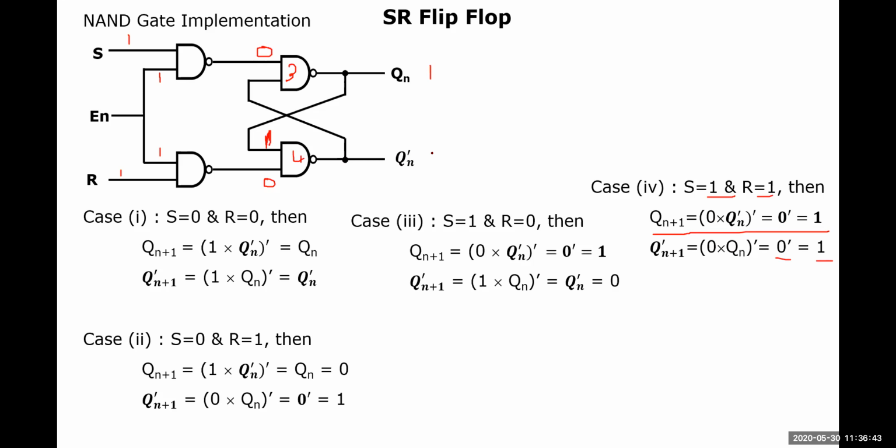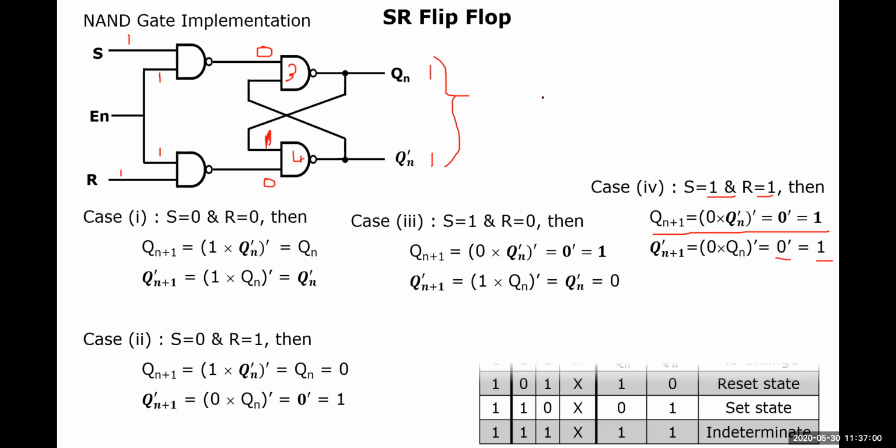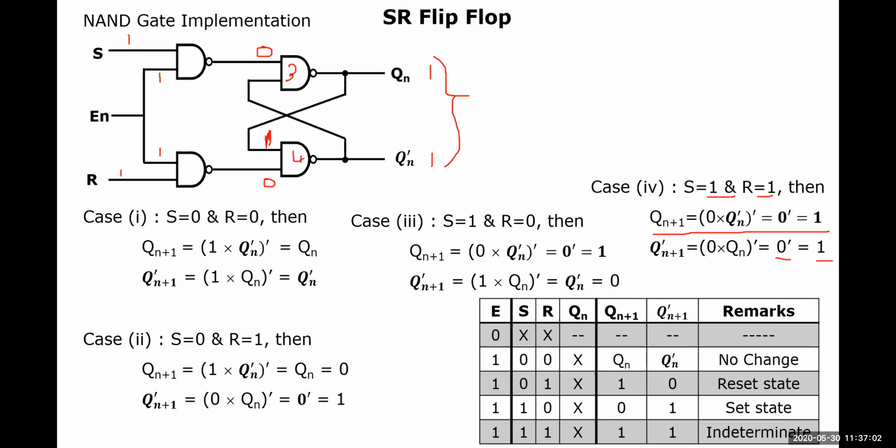So here also 1. This case never exists at any moment of time. The ordinary value and the complementary value can never be the same. This case does not exist, which is why this is called the indeterminate state.